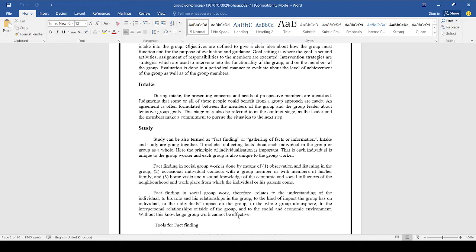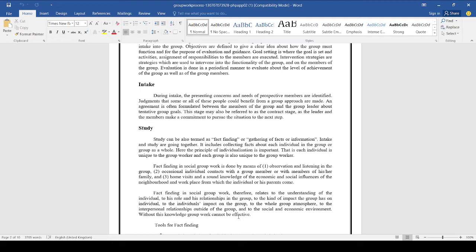The fact finding in social group work, the information gathering, is done by various means. We can use the observation method and listening method, occasional individual contact with the group members, especially family visits and home visits.